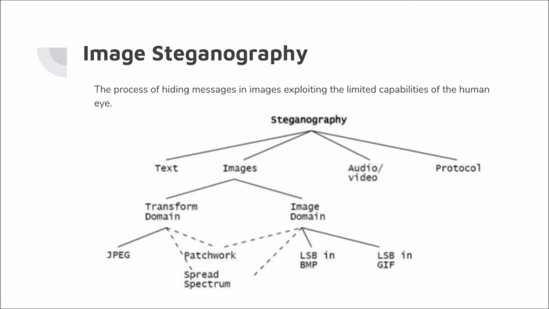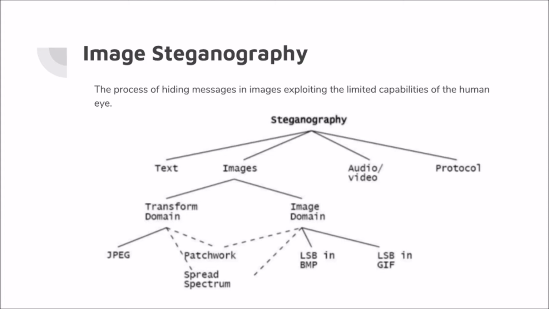And this graph here essentially shows you the main portions of steganography, where we have text, images, audio, video, and protocol. Protocol being TCP/IP or any protocol a computer system would use to either encrypt or verify signatures and such.